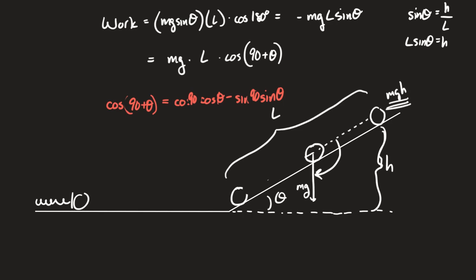That's right. So that whole thing goes away. What's the sine of 90? 1. So cosine of 90 plus theta equals negative sine theta. So if you're really paying attention, the work done by gravity equals mgL sine theta, or mgh.